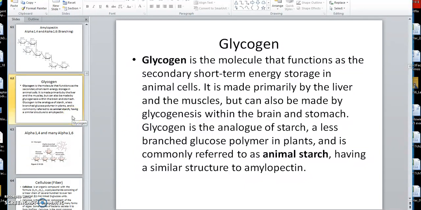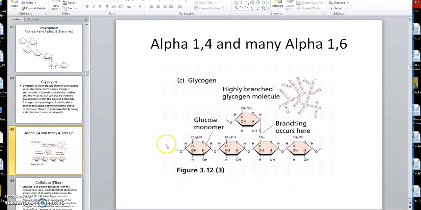Now, bacteria do. They have to be around their food all the time. So here would be glycogen. It's heavily branched, a bunch of alpha-1,4s, and then that's that 6-carbon, alpha-1,6. So that's what causes this branching. It gives a nice structure to store something in a small space, rather than just a long chain being folded.